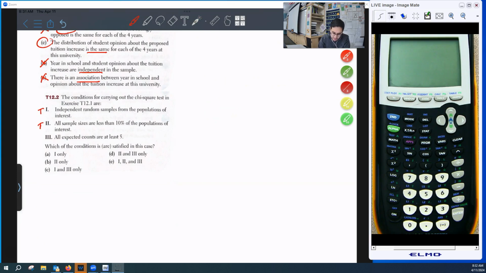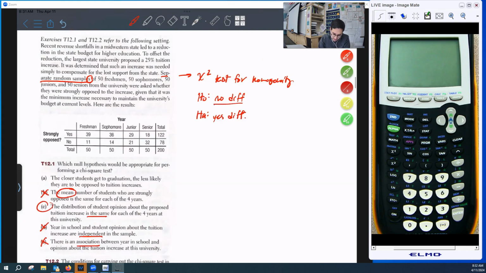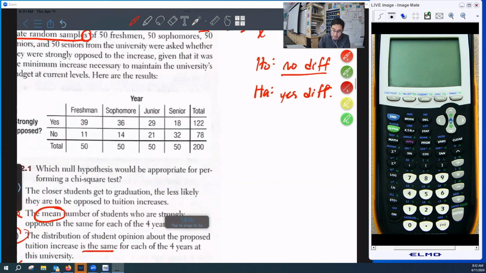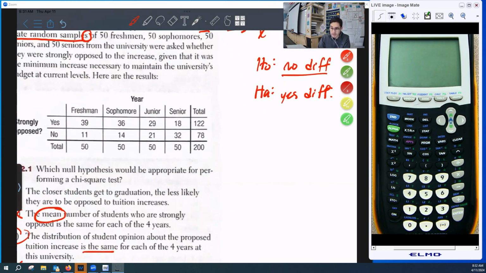All expected counts are at least 5. Okay, so I can tell that all the observed counts are at least 5, but to figure out the expected counts, we'd have to do some calculations. Now, the quickest way to get the expected counts is to just use our calculator.